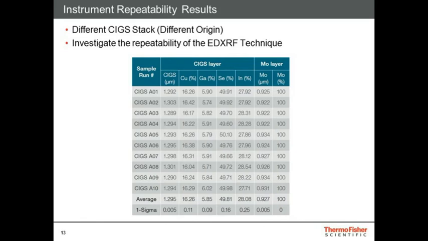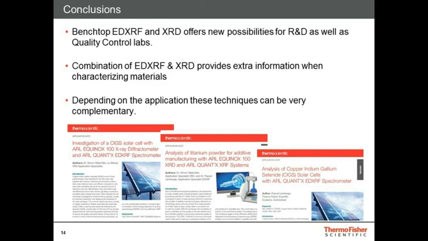As a conclusion of this talk, our benchtop EDXRF and XRD machines offer new possibilities for both R&D and quality control labs, because they have a very small footprint, so they can even be placed in the lab where the samples are made.